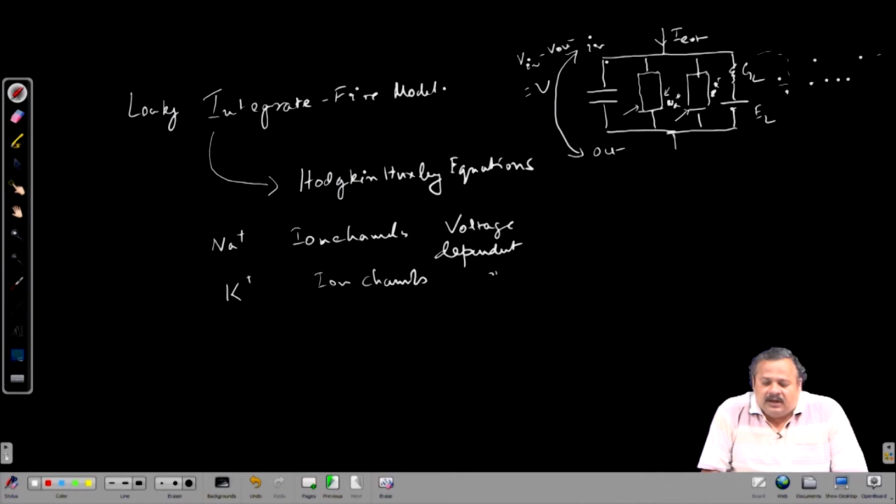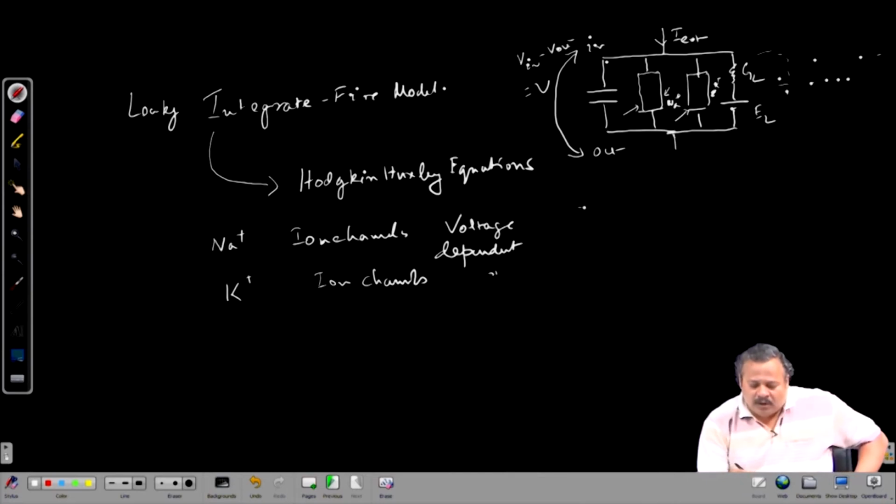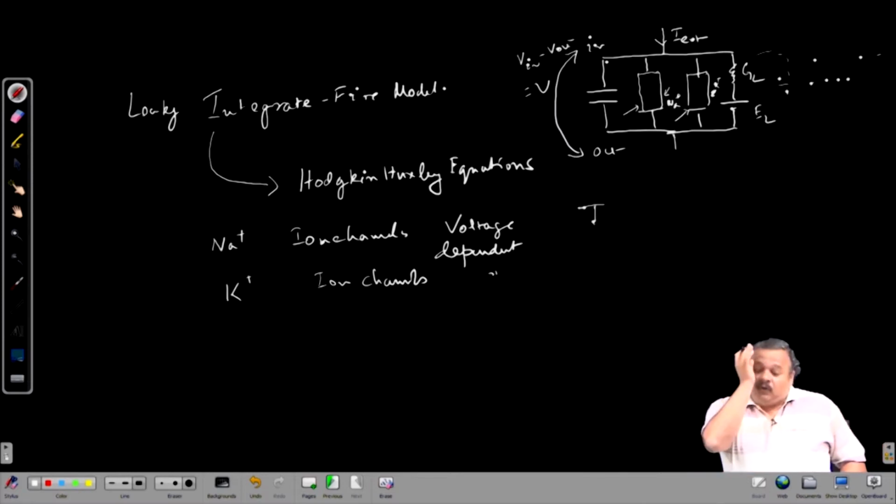So, let us start by considering just the sodium channel branch. What we should have in this branch is that, because of the flow of sodium, there is essentially a conductance present for the sodium ion, and this conductance is variable. So, I am drawing this block here.